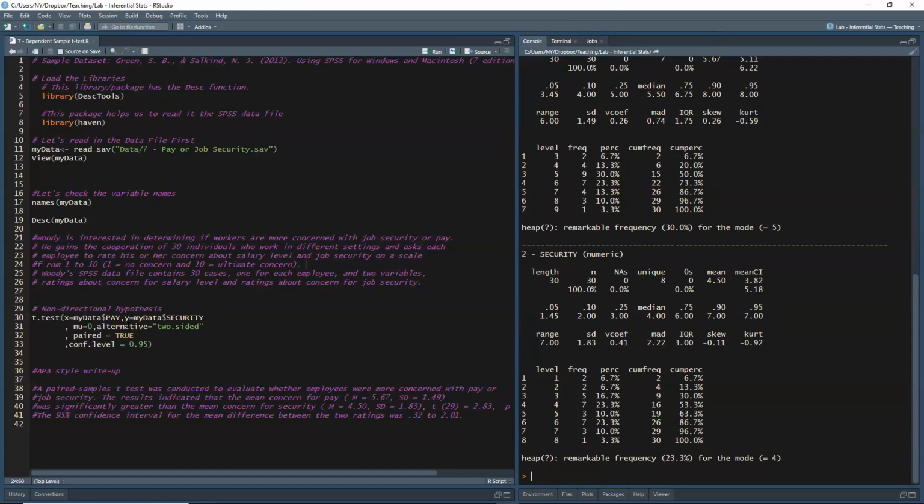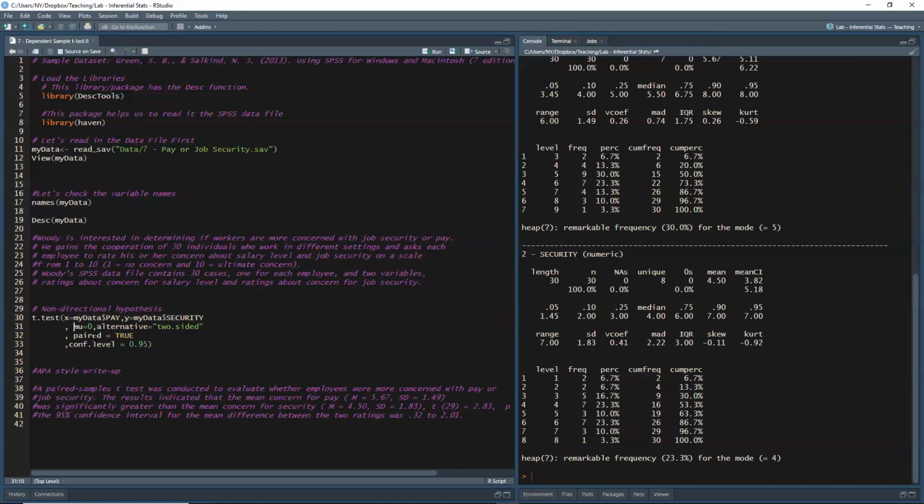Okay, and to do this one, what I'm basically doing is I'm telling R that I'm going to run a t-test, and my first variable I call x, it has to be called x. So it's equal to my data, my data set is called mydata, and then I have a variable called pay from that data set. My second variable I call y, and it's my variable security, and it comes from mydata, so mydata dollar sign security calls that.